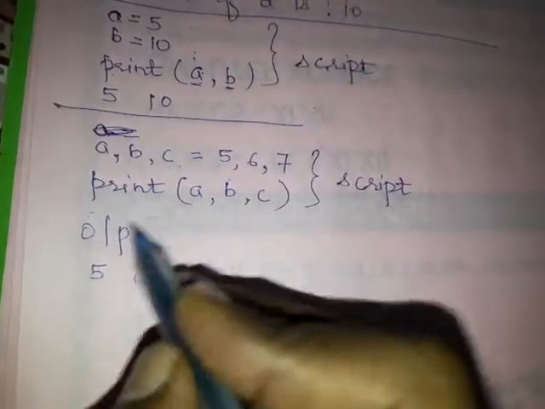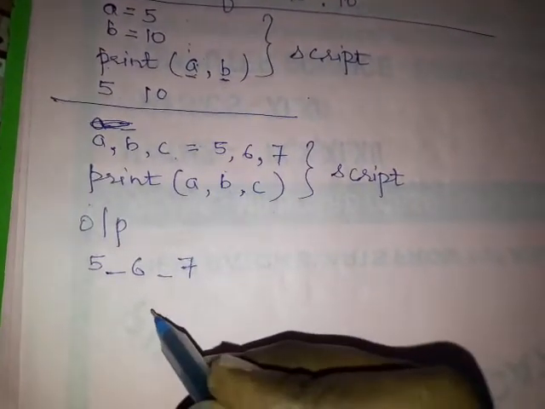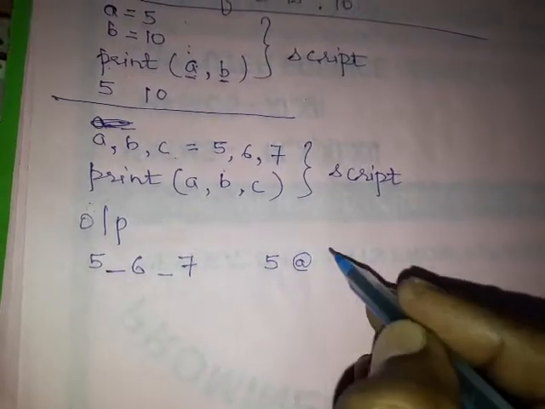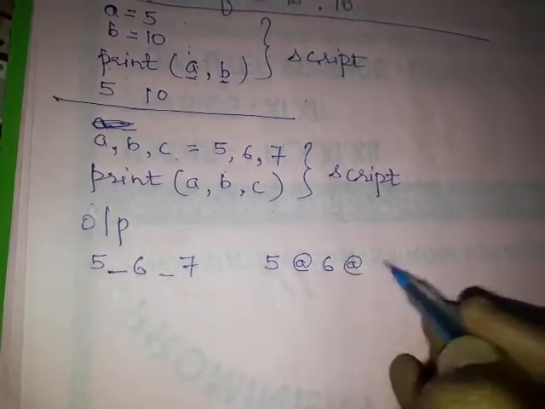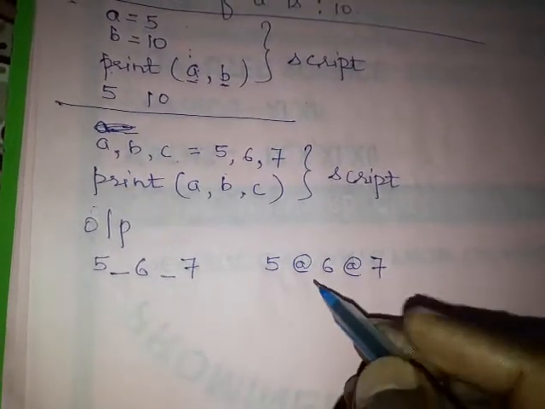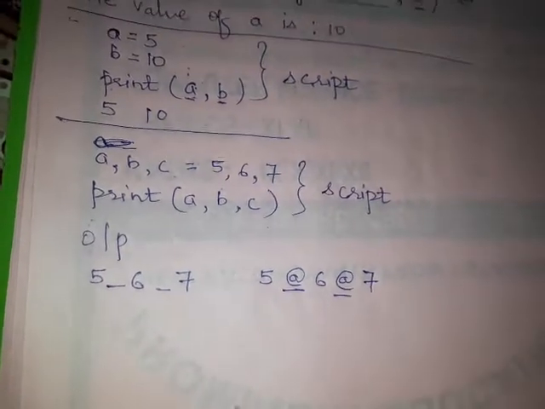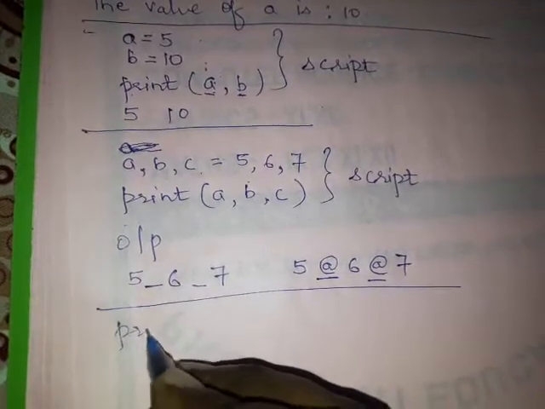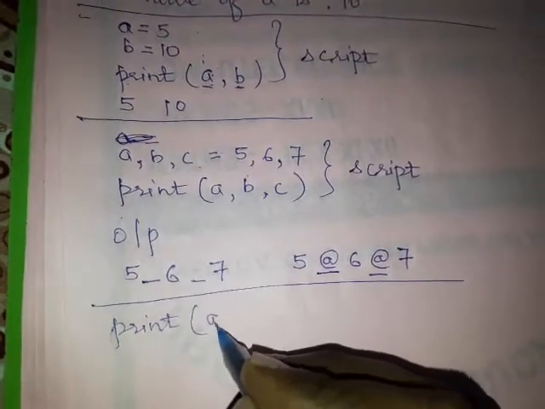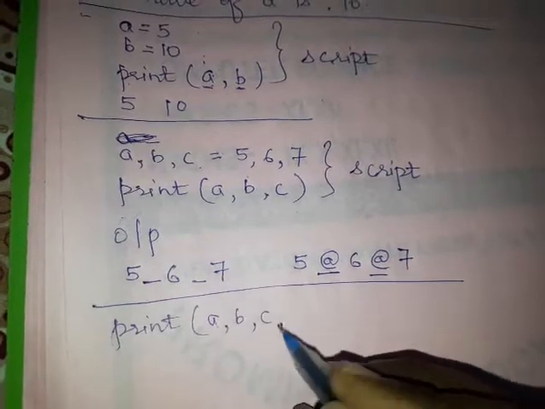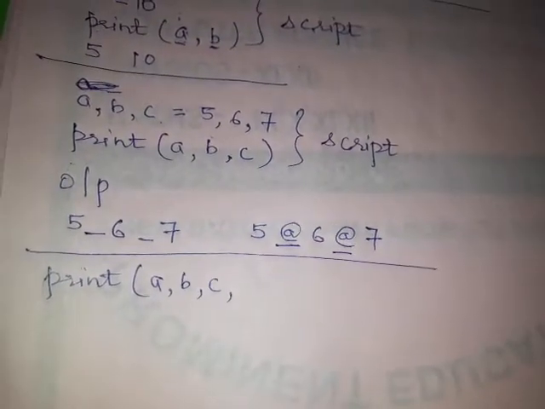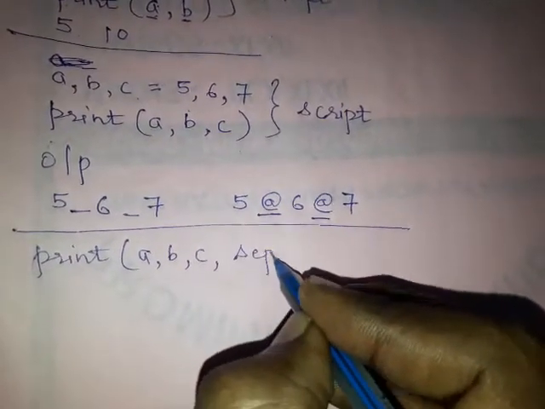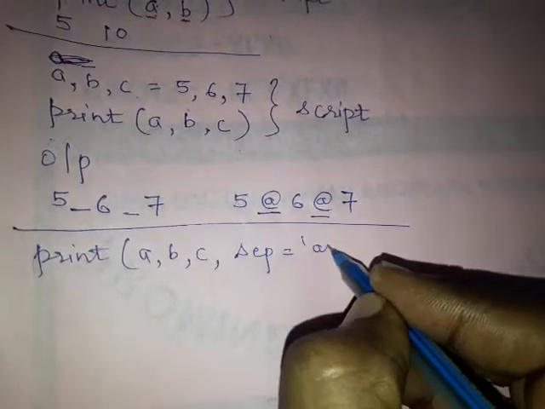If you don't want space between them and you want something else, suppose you want 5 at the rate 6 at the rate 7, so you want your own character between these three variables, then you can simply write print A comma B comma C. Then you can use sep, separator, equals to single quotation at the rate.